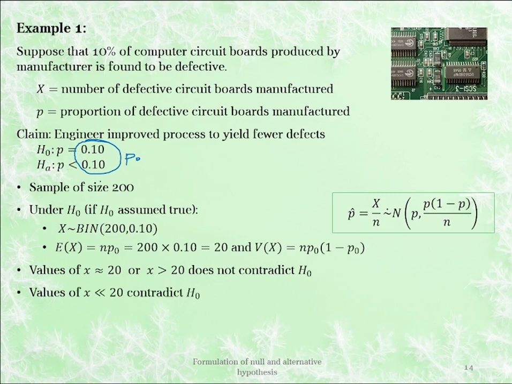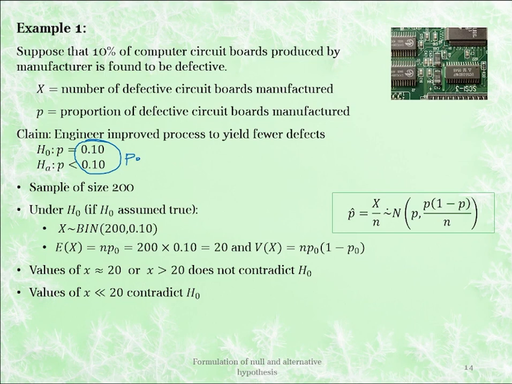Now, if we took a sample of size 200 and we saw much less than 20 circuit boards defective, then that does contradict the null hypothesis that 10% is defective. Because remember, we're proving this alternative. So if we get a value of x much less than 20, then it does contradict the null.